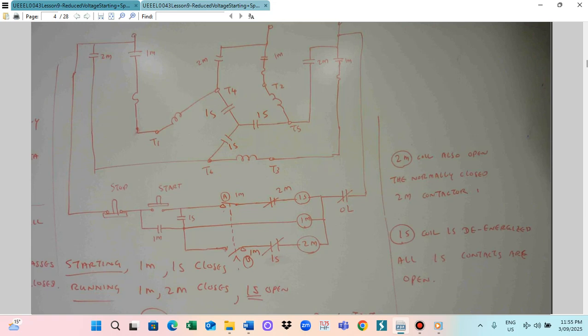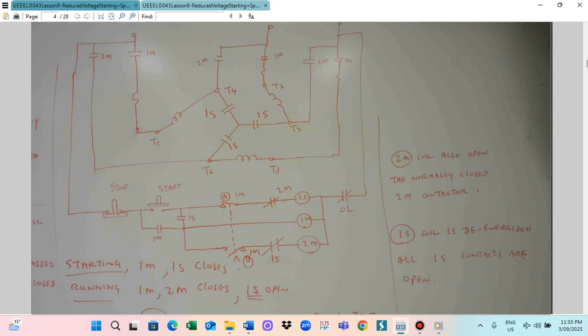In the meantime, 1S closed means that the current also flows to the 1M. So 1M is also energized, which means it can close the 1M contactors. All 1M contactors are closed and the motor will start with the starting current.